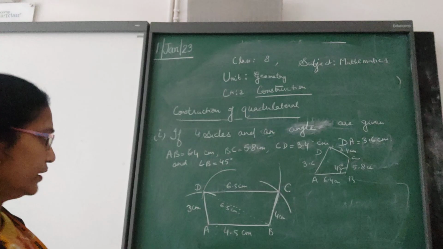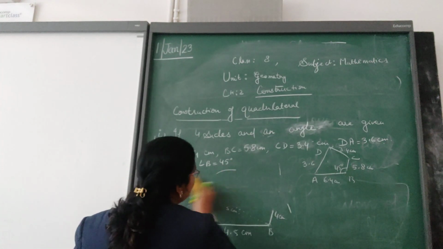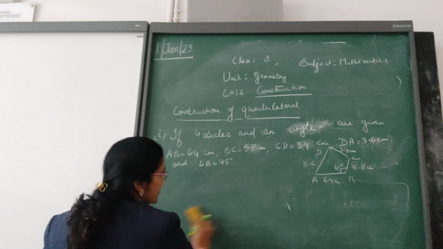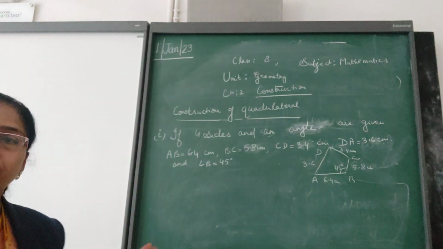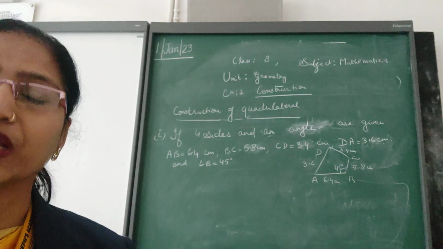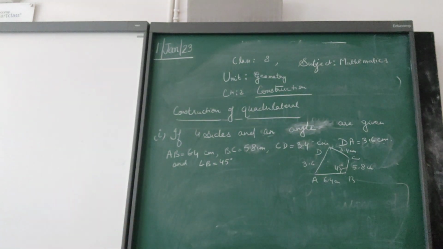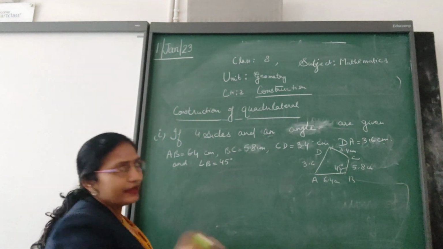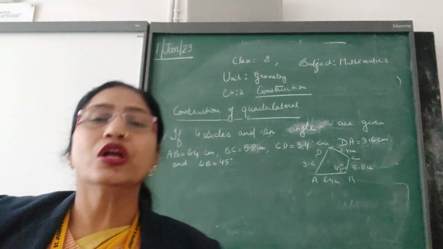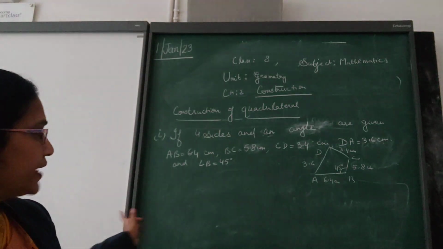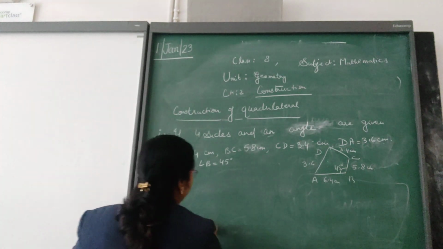Now how to do it? So let's start. First of all, draw the AB length. This line segment you have to draw. So by the help of scale, draw 6.4 centimeter.